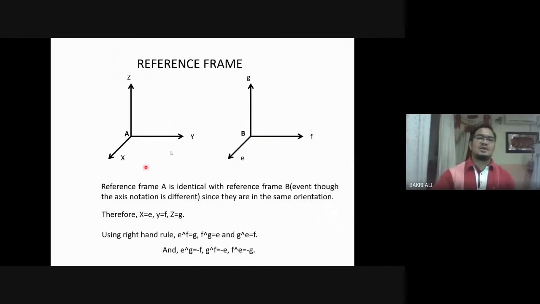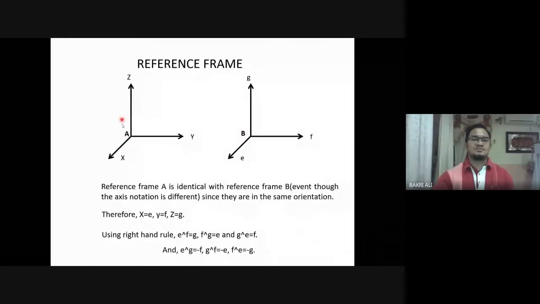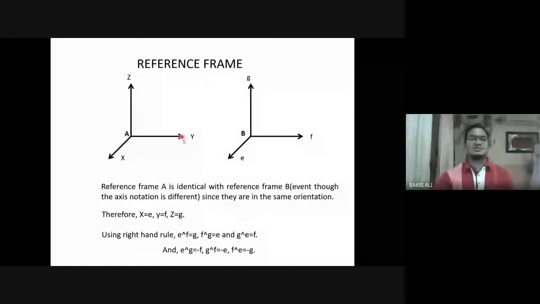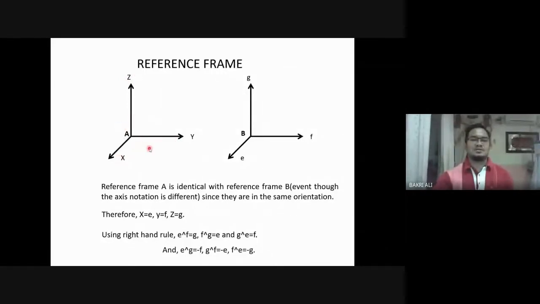The first thing you should know is that the arrangement of the axes X, Y, and Z must always be counterclockwise. X, Y, and Z can be at any point, but once you put X here, after X must come Y and then Z. You cannot put X, Z, Y, because in that case it will not follow the right hand rule.